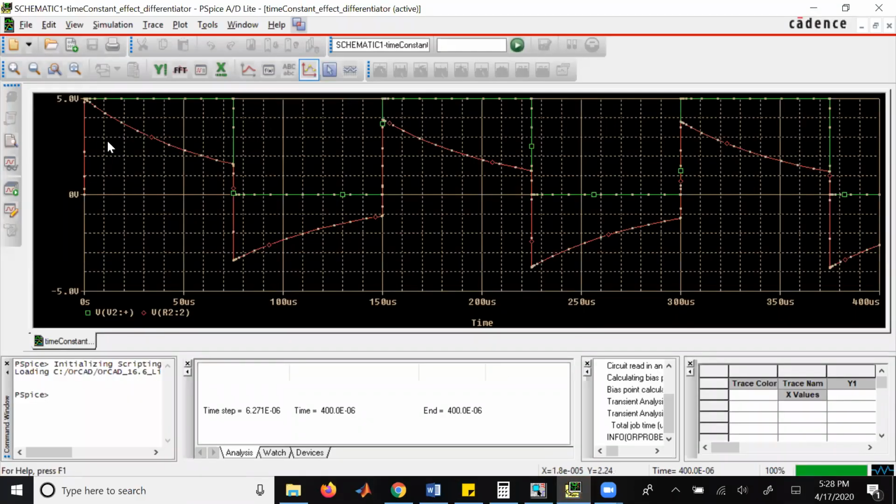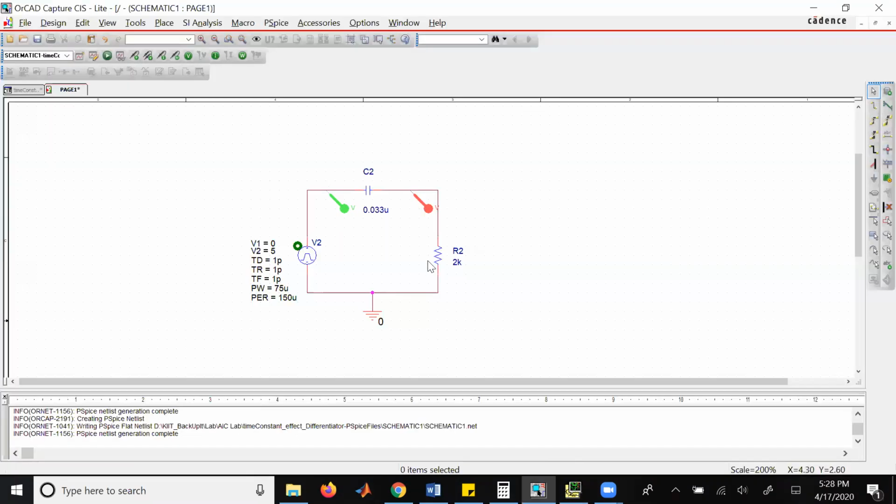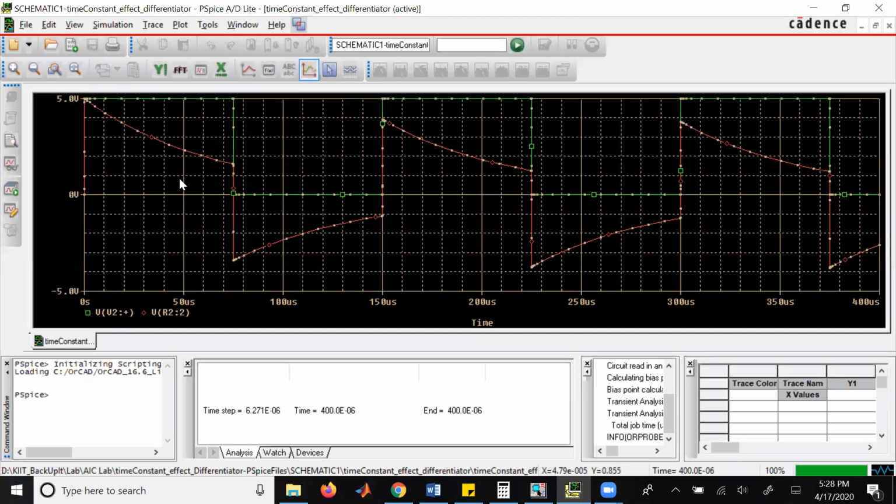So we can see this is the voltage basically across the resistor, but this voltage generally shows how this capacitor is being discharged, right? So capacitor in this circuit is being discharged through the resistor R. So voltage across the resistor R will also depict what is the discharging pattern of this capacitor.